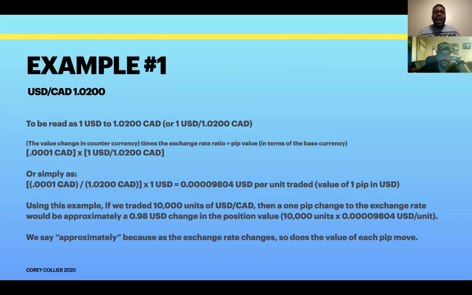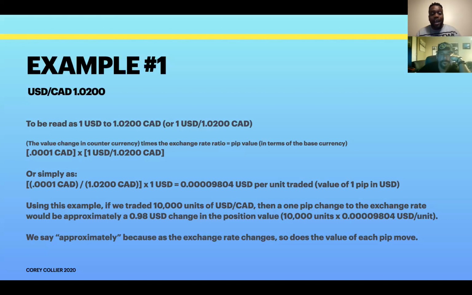Now, how do we calculate the value of a pip in this, right? Here's the calculation right here. You take the value change in the counter currency. So let's say for a 1 pip move in CAD, right? You have to multiply that by the exchange rate ratio. That's going to give you the pip value in terms of the base currency. So you take 1 pip move, 0.0001 Canadian dollar, multiply that by the exchange rate of 1 United States dollar is equal to $1.02.